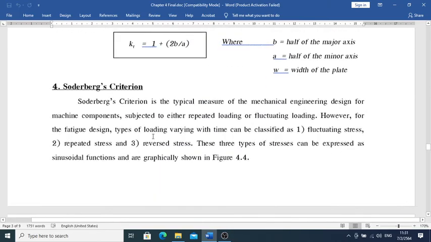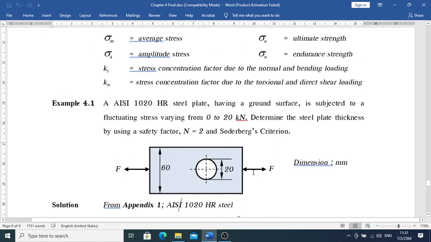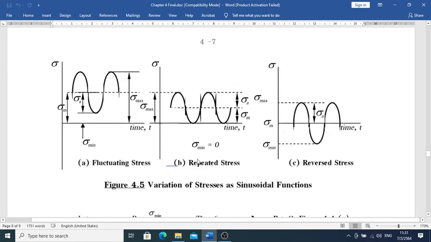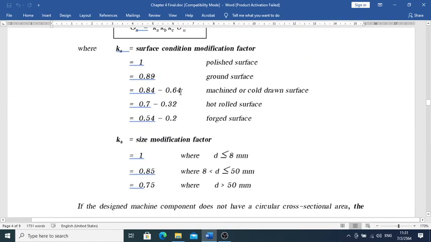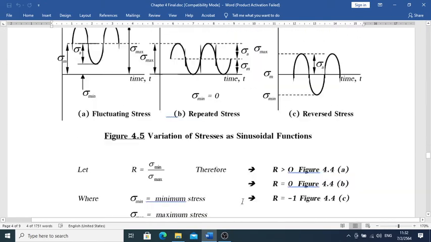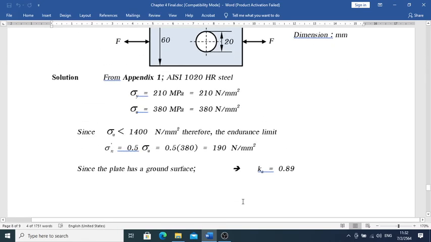So I come back here to the example and find sigma_n prime. For the steel plate with a ground surface, K_a of 0.89 is given. So I found the ground surface K_a, 0.89.